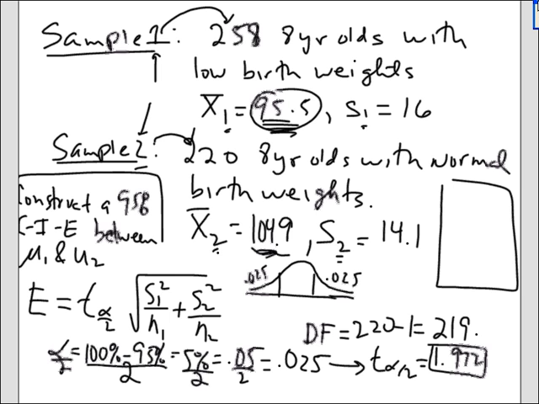You can look up two-tail, 0.025, the degree of freedom. You're going to have 200, maybe 300. Let's see where my table has. Yeah, 200 to 300.